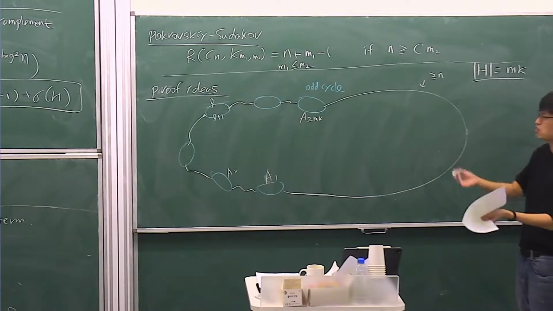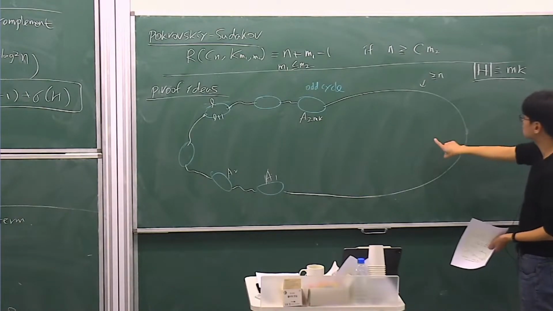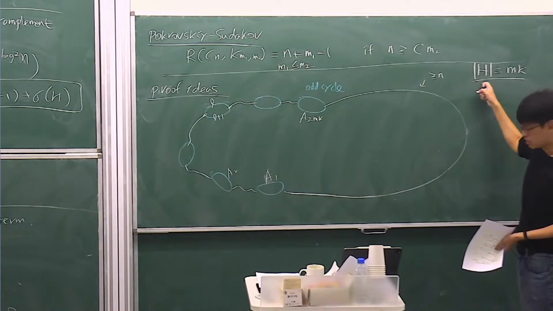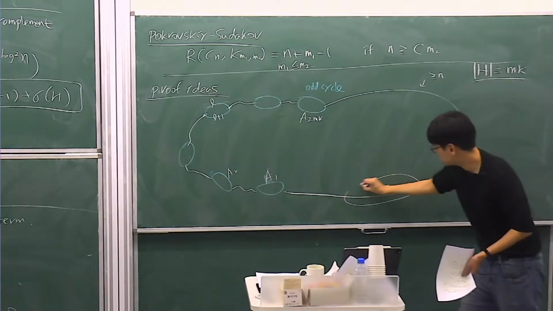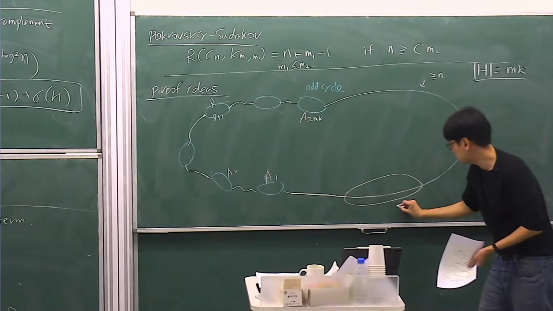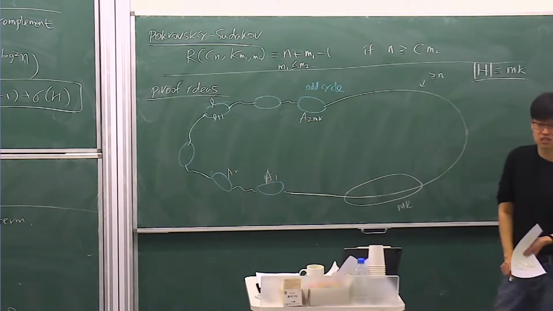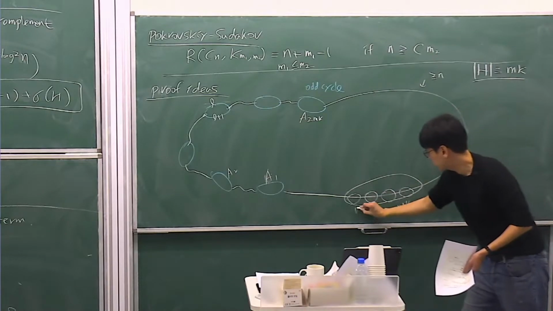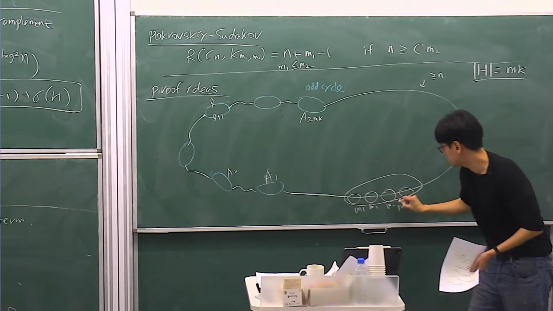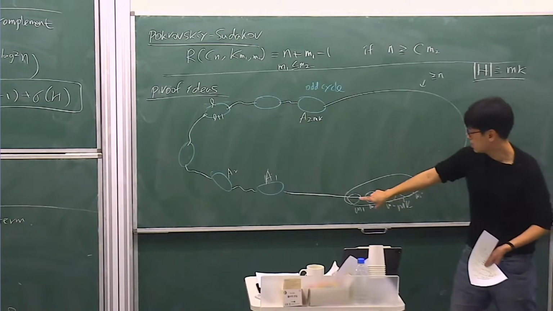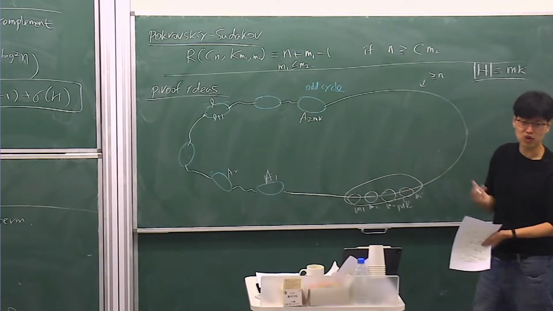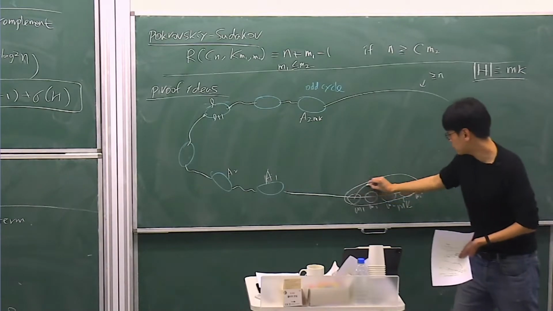So assuming that such a thing exists, it doesn't contain H in its complement. That means if you take a set of mk vertices here, and then we take m1, m2, m3, up to mk, then if there is no H between them, then in each complement you have an H. So there must be an H.